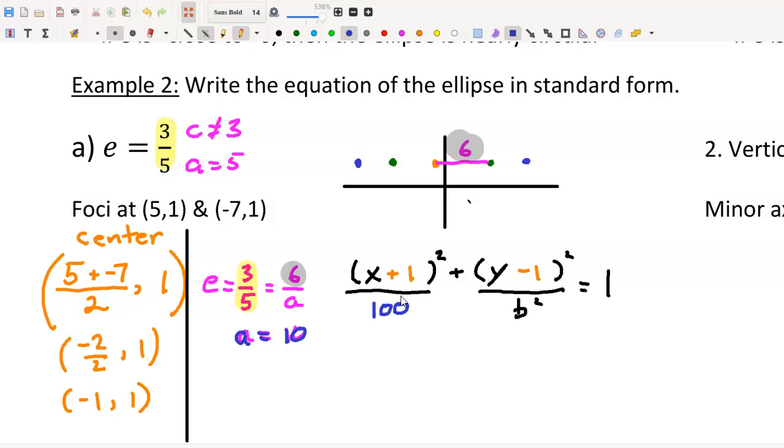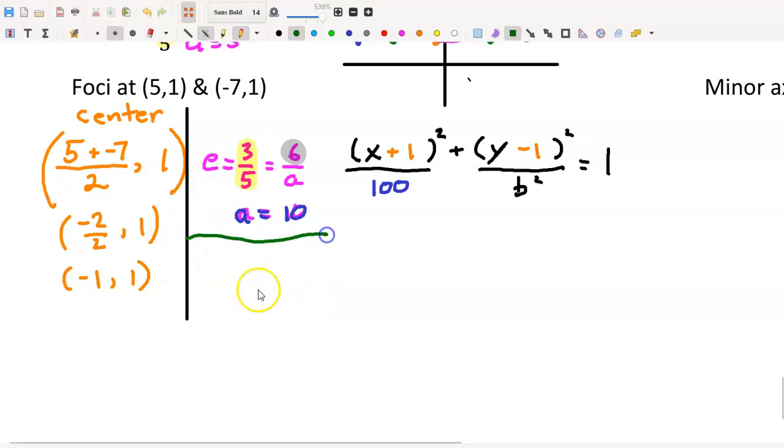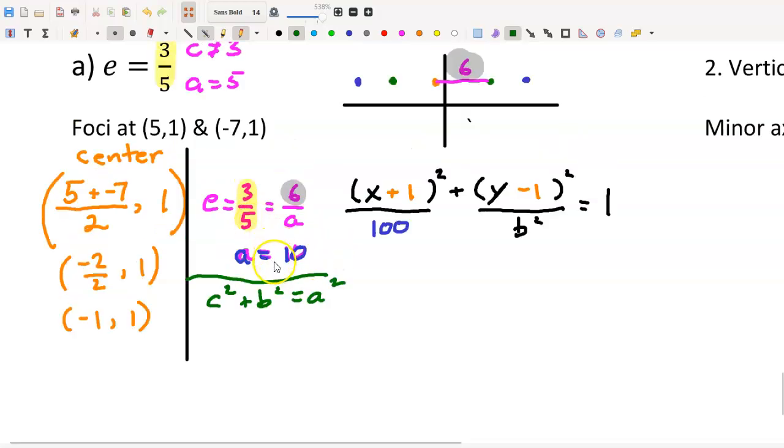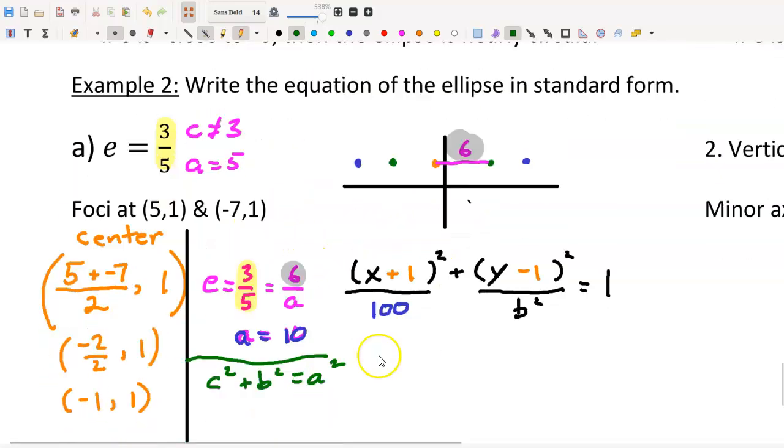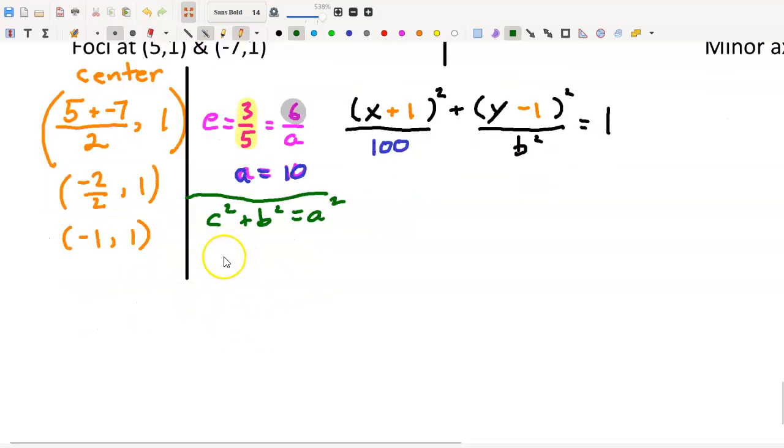Lastly, we got B squared. We need B squared. How can we find B squared? So we got another formula for that. We got C squared plus B squared equals A squared. Right? So if we have A and we have C, we both have them, so we can find B. So we have C squared, which we know is 6 squared, plus B squared, equals A squared, 10 squared.